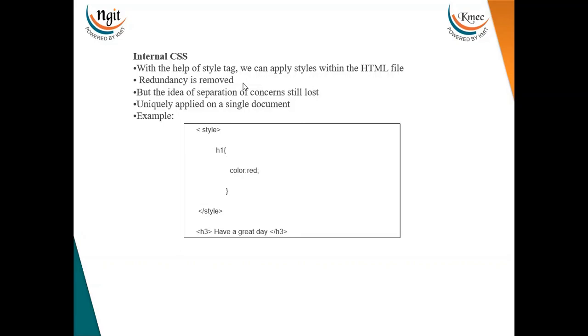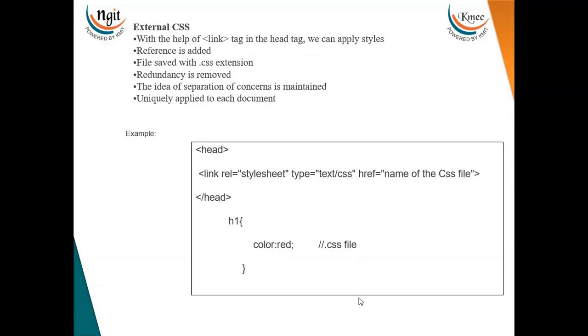Here I have targeted the h1 tag in my HTML page. The color should be red, and the other things go like this. Within the style tags, we mention whatever styling code we want for that HTML page. Here also the idea of separation of concerns is still lost, as it is uniquely applied on a single document only. So this is also the second priority.